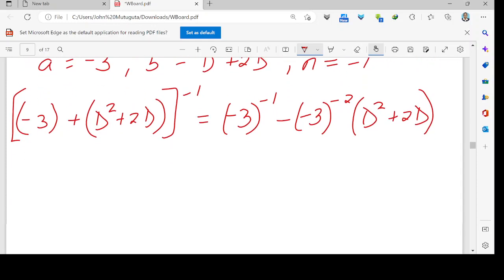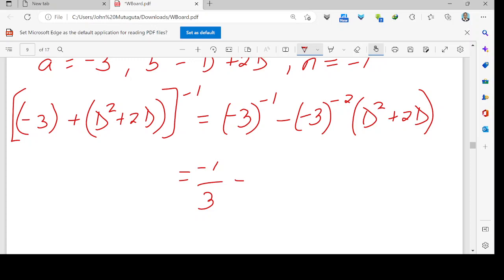So this becomes 1 over 9. Sorry, this is not 1 over 9. This is just 1 over 3. The first term is minus 1 over 3.